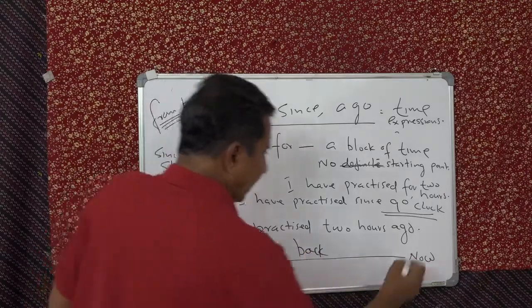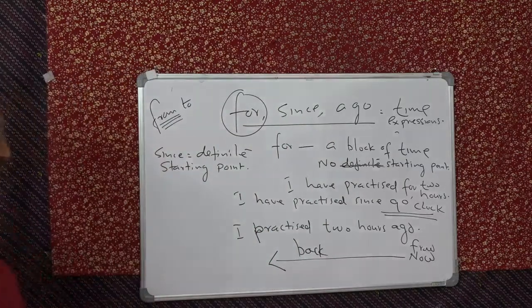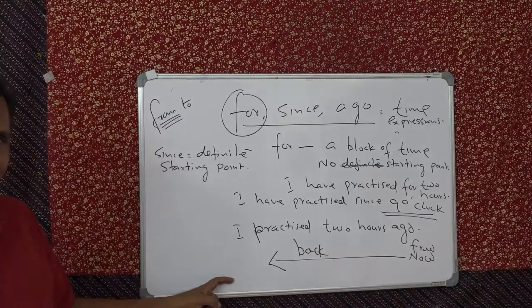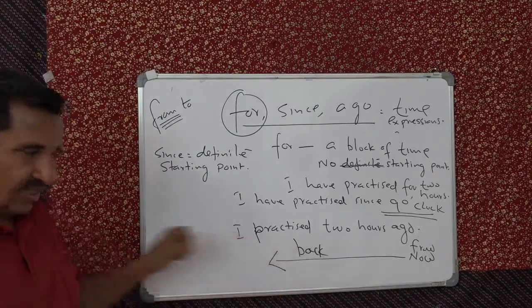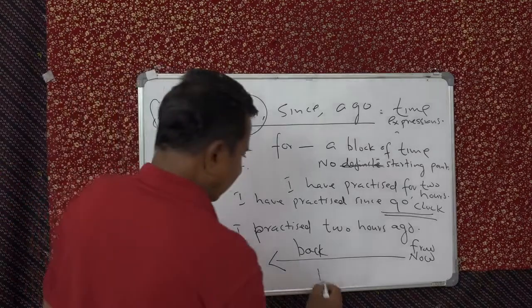From now to back. I practiced 2 hours ago. That means from now to back. Past. Movement is towards past. Understand? Back or past, you can say.